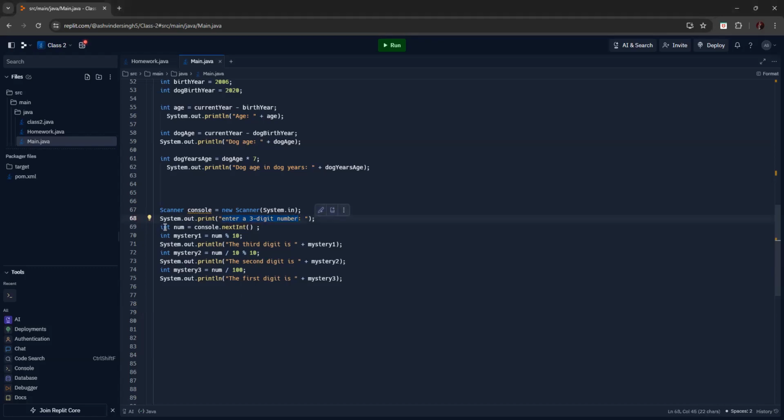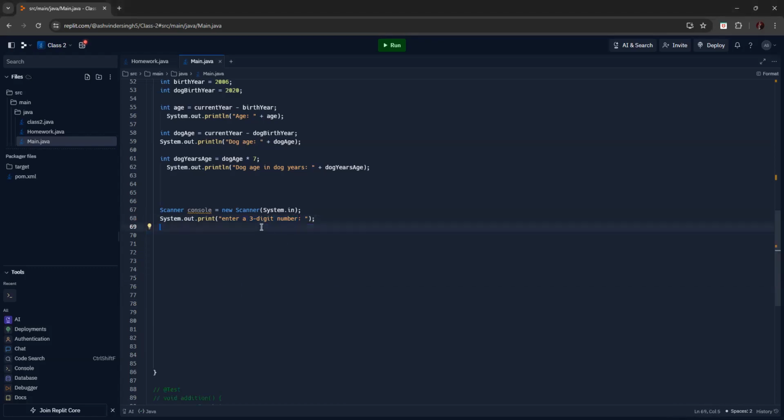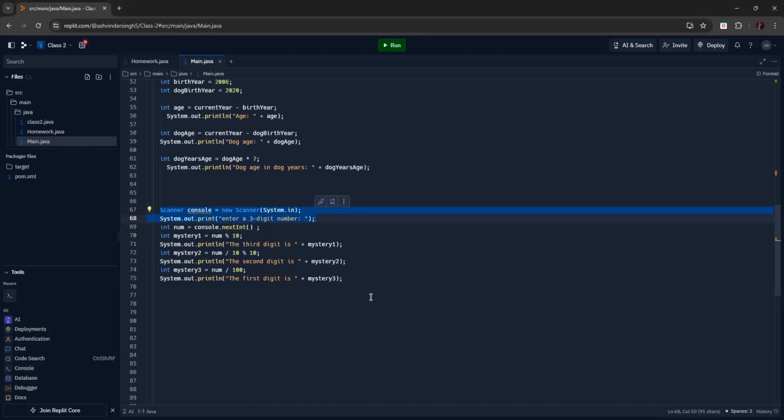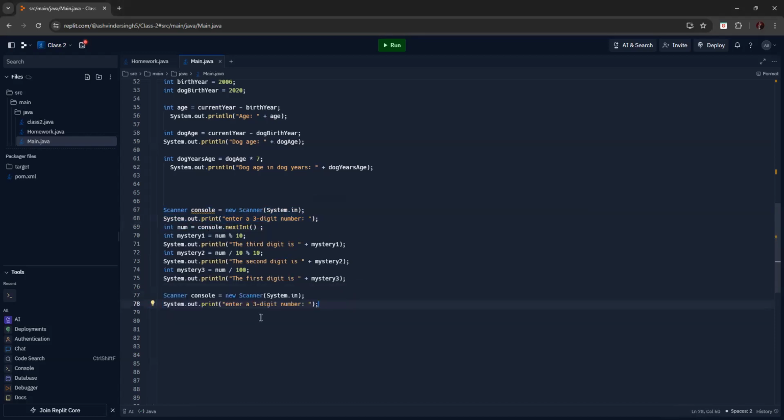No need to replace this, because you will still need that code later. But what I would do is just go down, and yes, exactly.